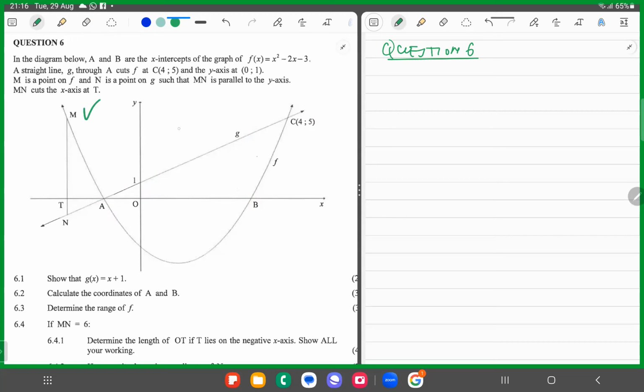N is a point on G. Here is N on the function G, such that MN is parallel to the y-axis. MN cuts the x-axis at T. There it is. So you have question 6.